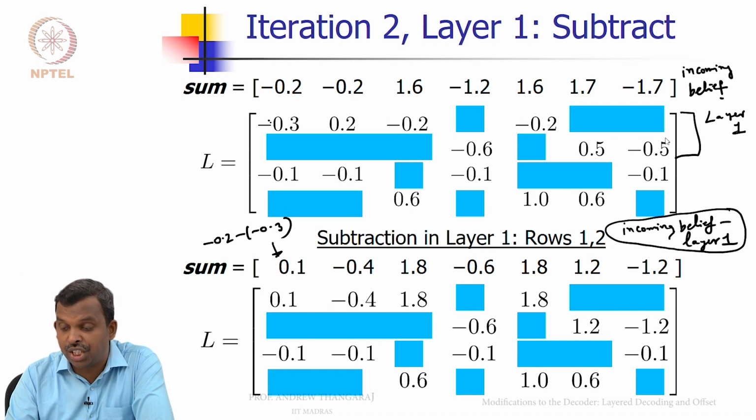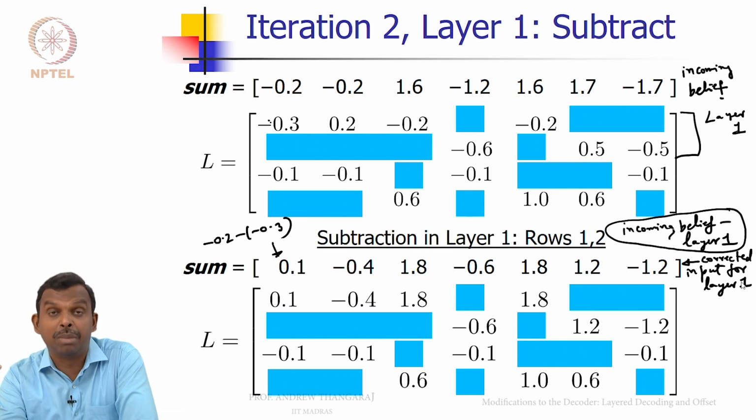So I do the subtraction, incoming belief minus layer 1. Is it okay? All right. So, this is the new actual input, or some sort of corrected input for layer 1.